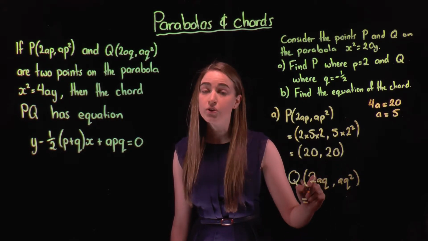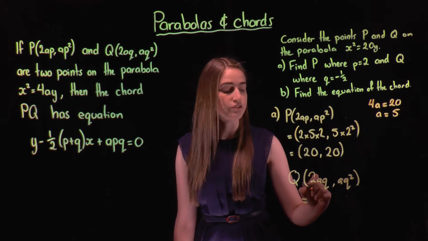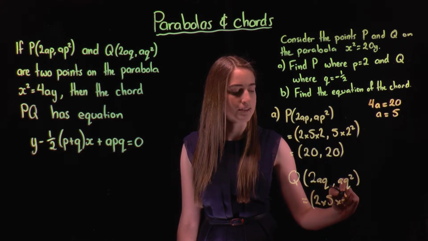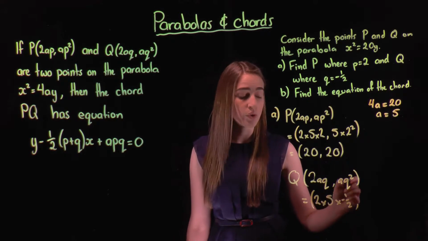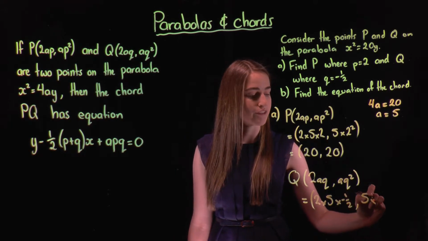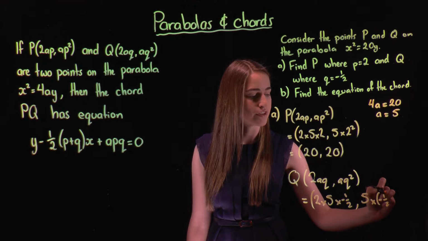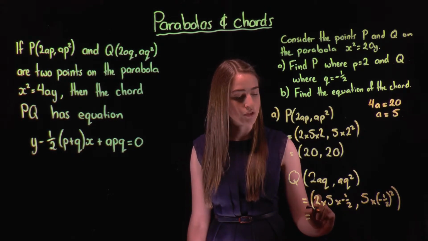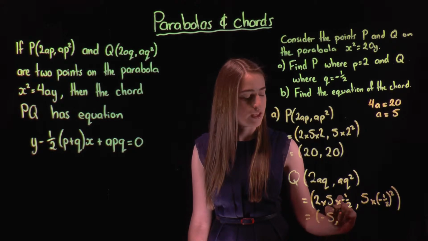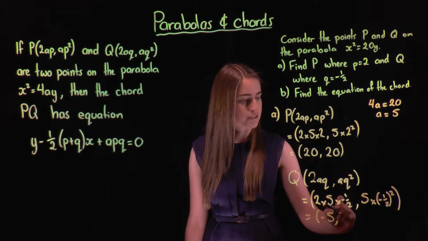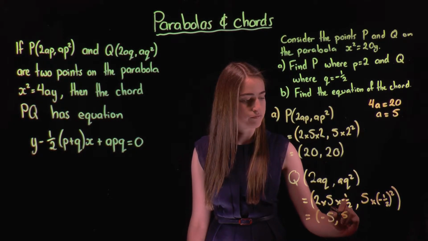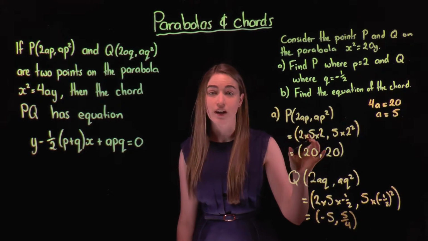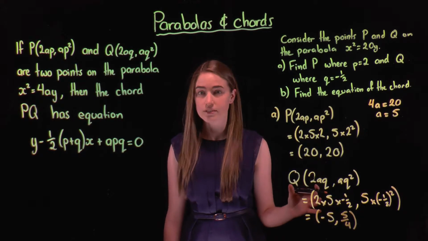But in this one, our q is minus a half, so the a is still 5 though. So we're going to have 2 times 5 times minus a half for our x coordinate, and for our y coordinate, we're going to have 5 times minus a half squared. So that's going to simplify down to minus 5 and just 5 over 4. All right, so that's part A, so finding the coordinates of those points.